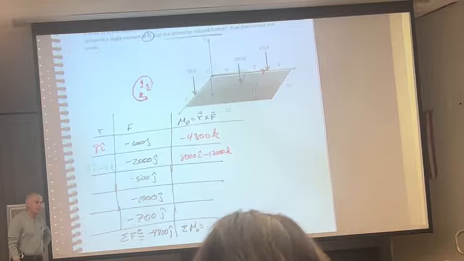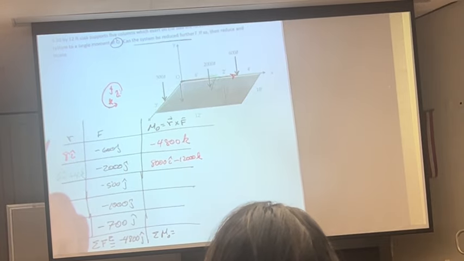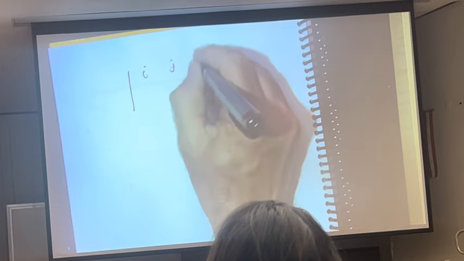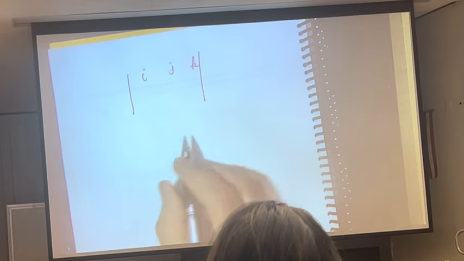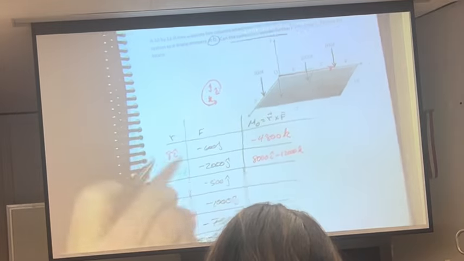Really? We're going to go there? You don't like that? That's fine. I can do it an alternative way. I, J, K. What's my R? 6, 0, 4. And then my force is 2,000J.